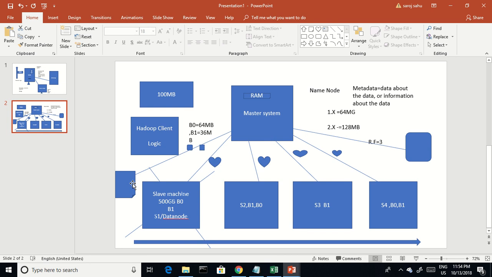Now let's look at Hadoop history: how Hadoop came into the market, and who developed Hadoop as well as the other ecosystems. We'll discuss that and conclude the session for today.